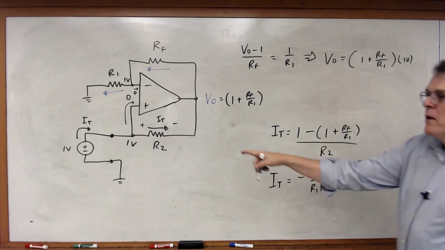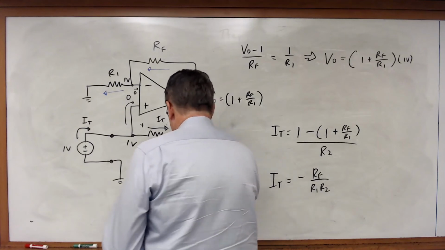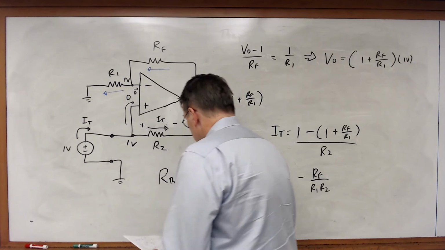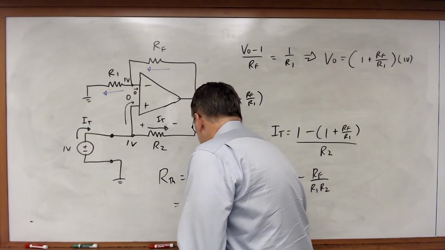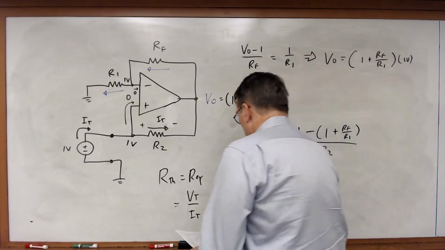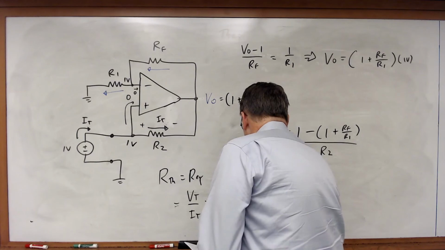And now, what is the equivalent resistance between these two nodes? Well, the Thevenin resistance, which is equal to the equivalent resistance, is just equal to VT over IT. VT was 1 volt, and therefore this is equal to minus R1 R2 over RF.